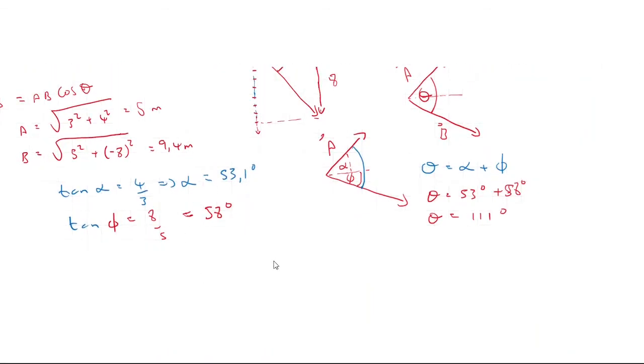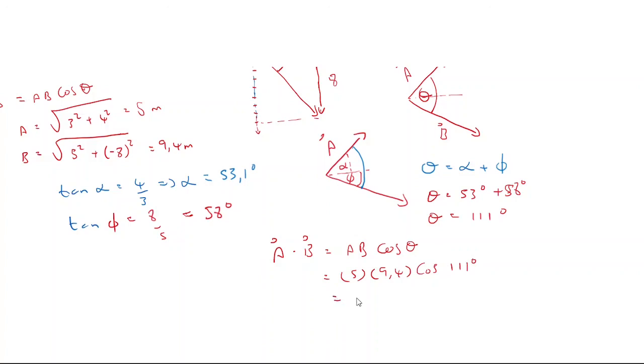So now my A dotted with B is going to be A B cos of theta. And then A is 5, this is 9.4, and then this is cos of 111 degrees.